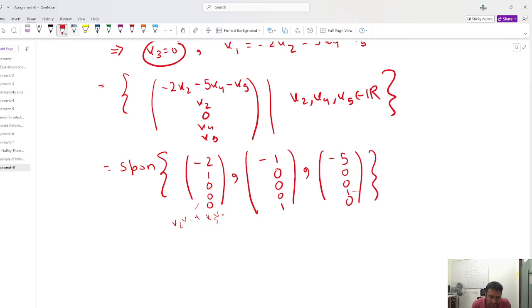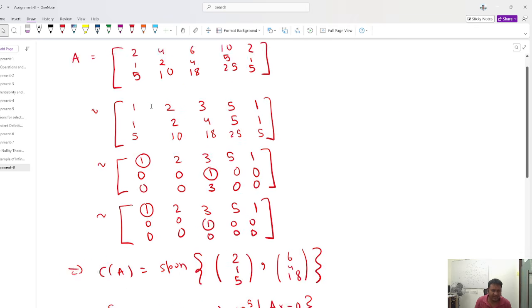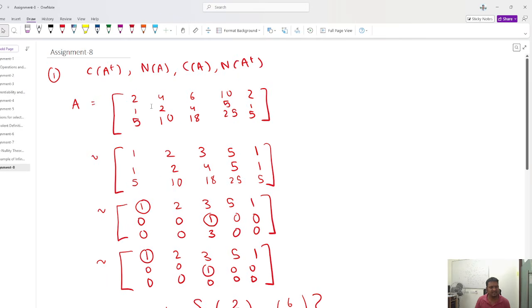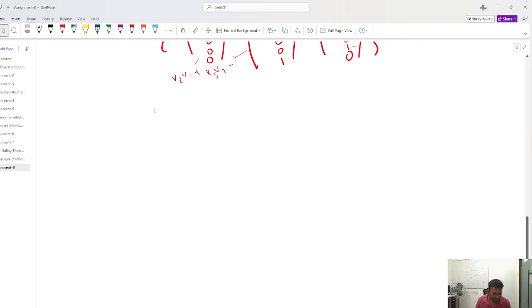So the dimension is 3, of course. Similarly, you have to do it for A transpose. I think you can do it. I'm skipping that. Just take the transpose of the matrix and do the same. I'm skipping part B also because we have given you enough examples.